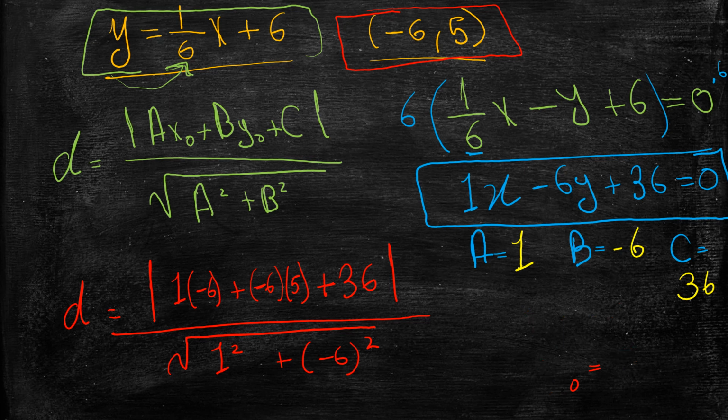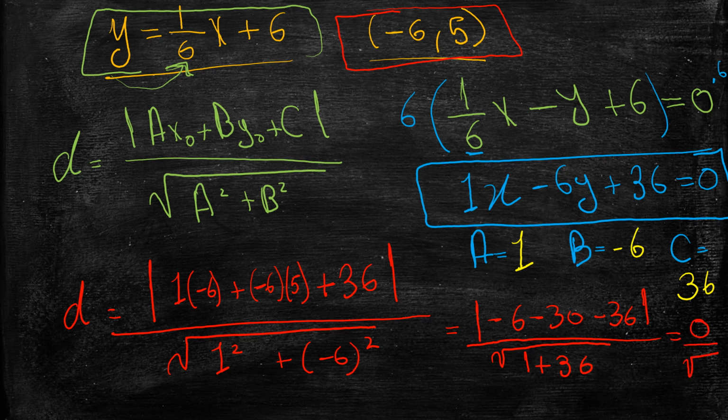You will get minus 6 minus 30 plus 36 divided by the square root of 1 squared plus 36, because minus 6 squared is plus 36. The numerator is going to be 0 divided by the square root of 37. So the answer is 0.